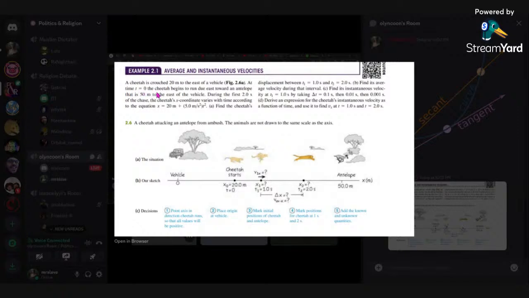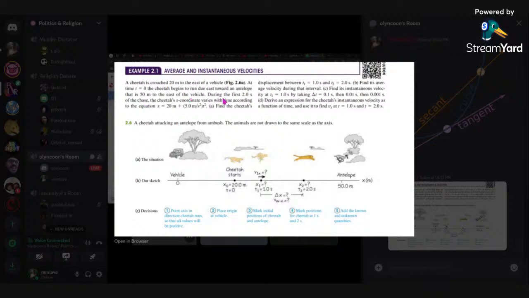At time t equals 0, the cheetah begins to run due east towards an antelope. We see here t0 and here's t1. The antelope is 50 meters to the east of the vehicle. So at t0, the antelope was at x equals 50.